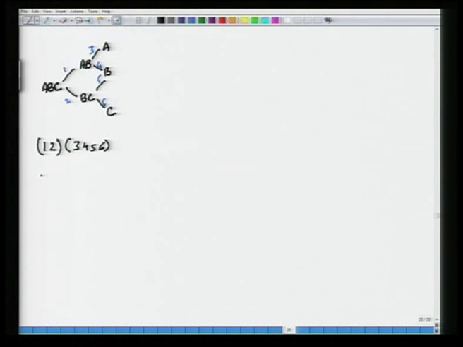Now, what I am going to do is I will do 1, 2 and 6 in one column and 3, 4 and 5 in the other column. So, basically what I am saying is we do this in one column and we do this in another column. All right.